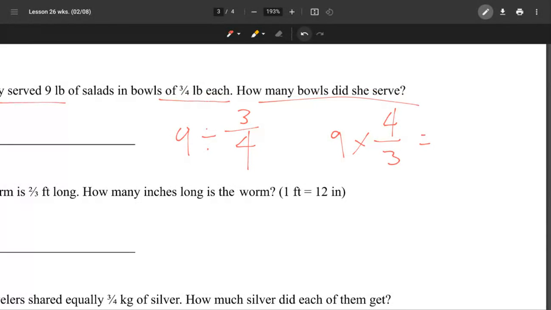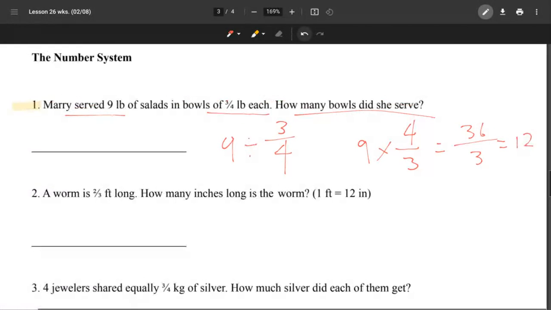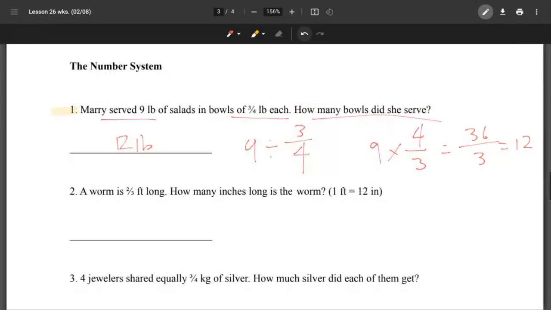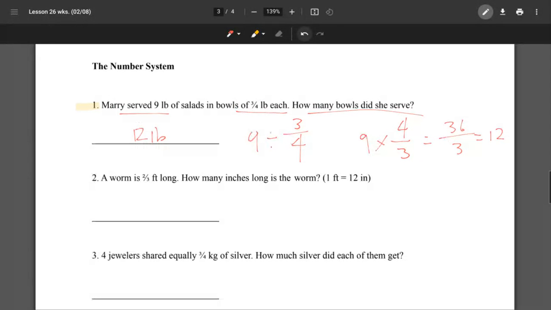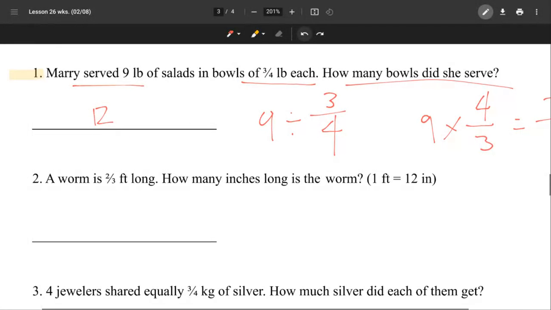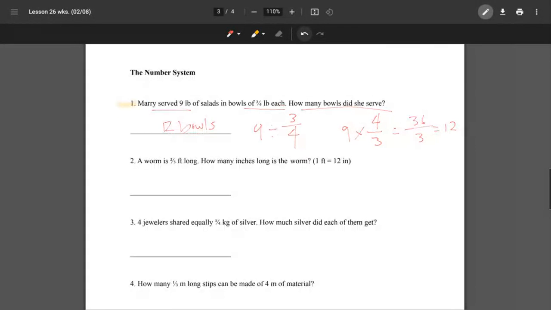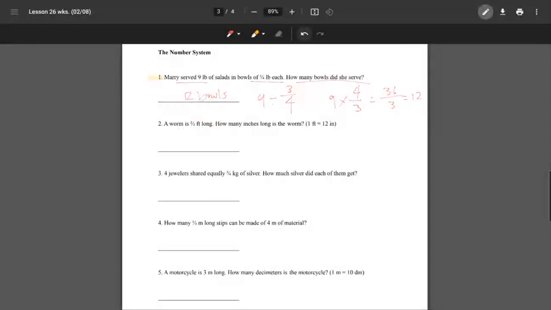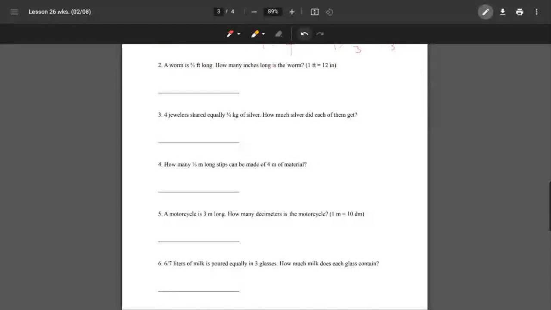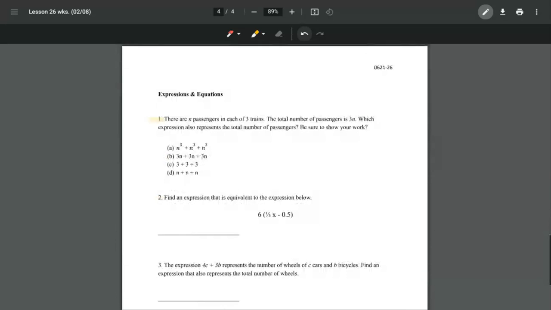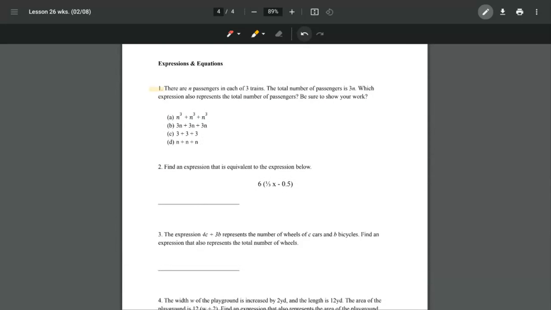And that is 36 over 3, which equals 12. So she served 12 pounds each. Or, sorry, not pounds, 12 bowls. There we go. Okay, so try the rest on your own, and then let's move on to our last page.